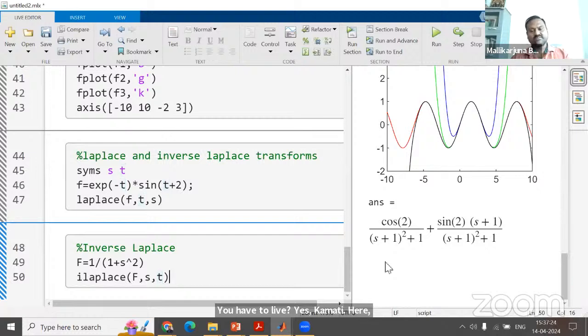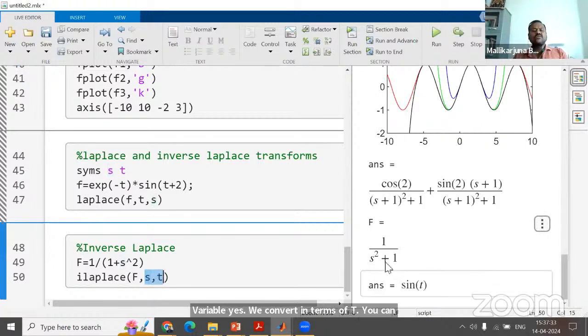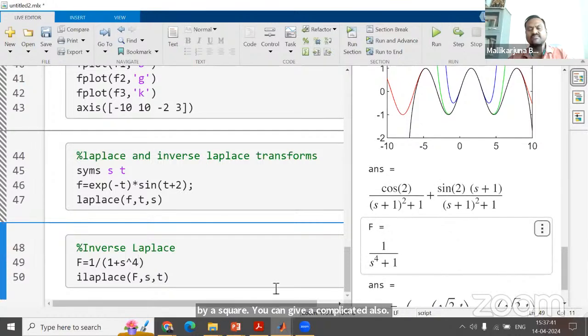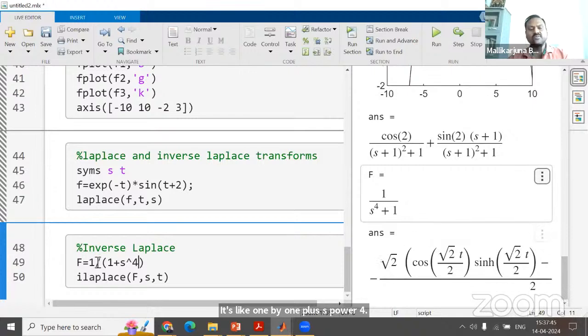Here it is reversed. Variable s, we convert in terms of t. You can see 1 by s square. You can give complicated ones also. It's like 1 by 1 plus s power 4.